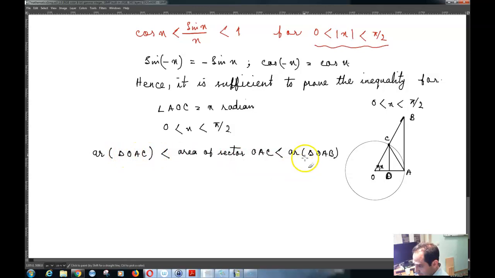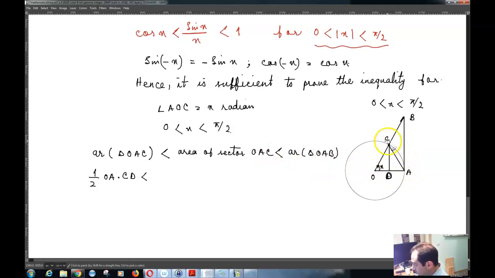Now the area of triangle OAC is 1/2 of the base times the height. So that is 1/2 of the base, which is OA, times CD. That is less than the area of the sector OAC.